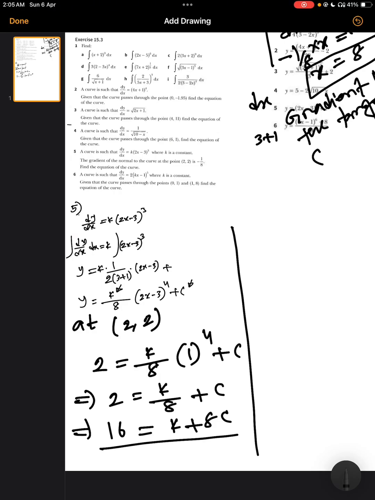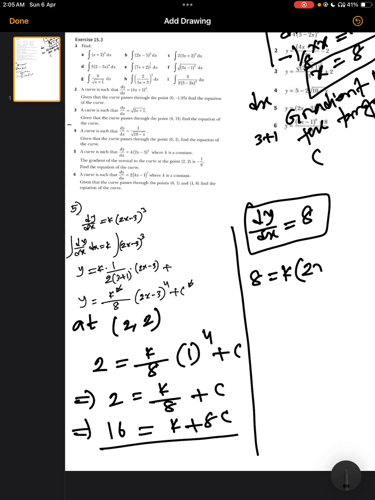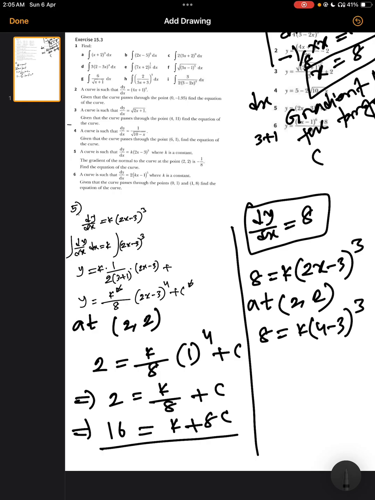Now this value is 8, the gradient of the tangent. So I can input 8 here, for the derivative. Now 2x minus 3 to the power 3. Okay, at 2 comma 2. 8 is equal to k times 4 minus 3 to the power 3.